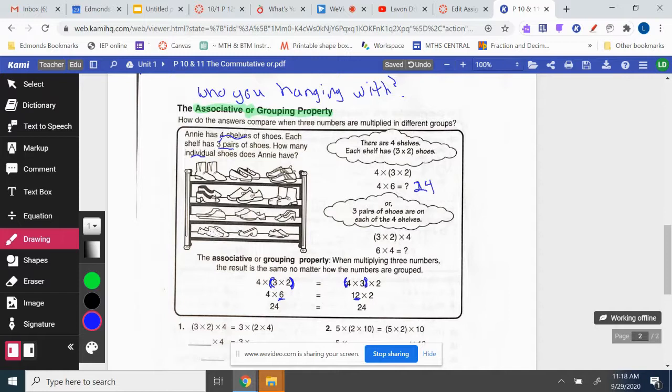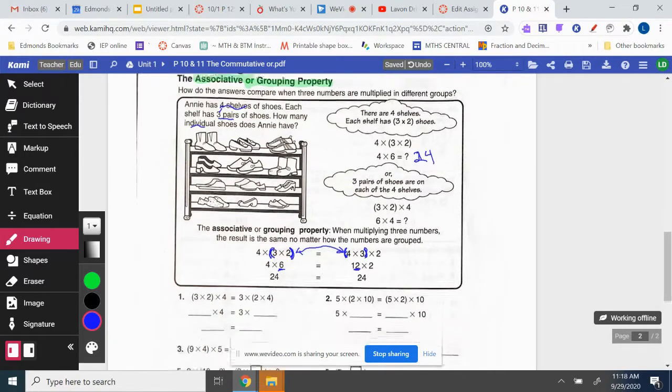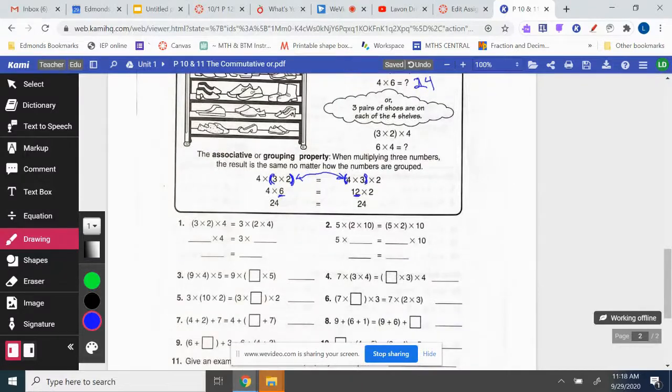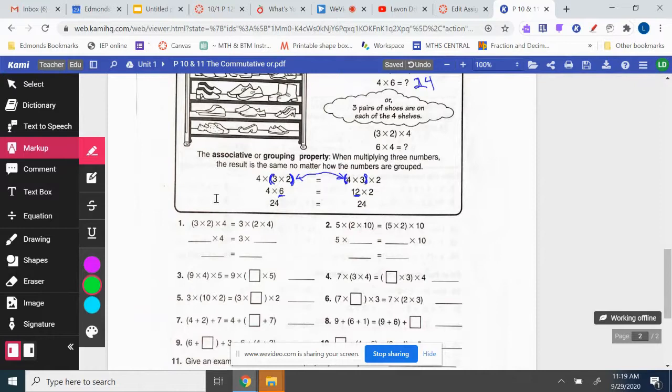So what you're seeing is that these parentheses are moving. Nothing else changes in the story or in the problem. It's just who is hanging out with who first. So let's take a look at number 1. I want you to notice, I'm going to highlight that one for you, that here we have 2 times 4, and here we have 3 times 2, but we still have the same numbers.